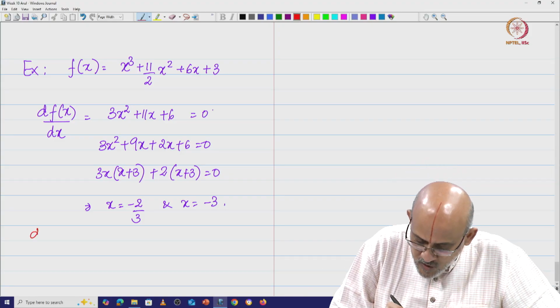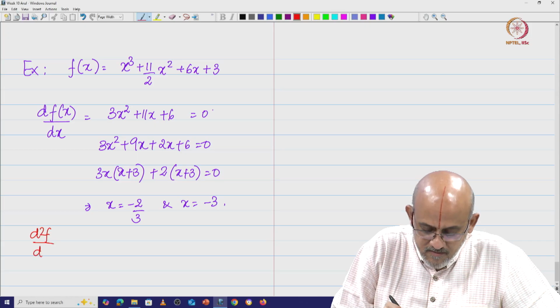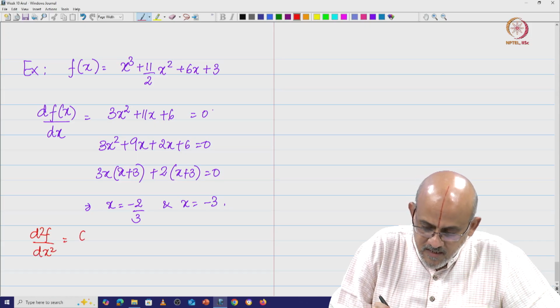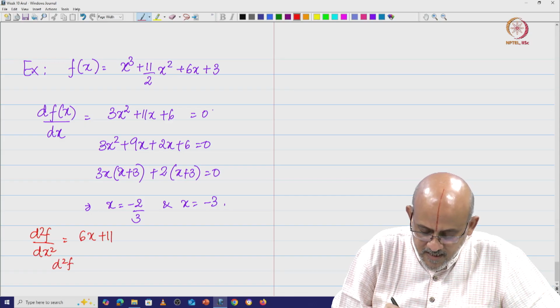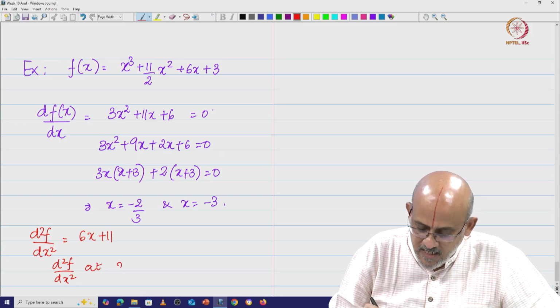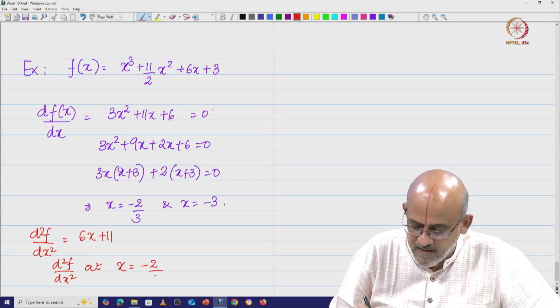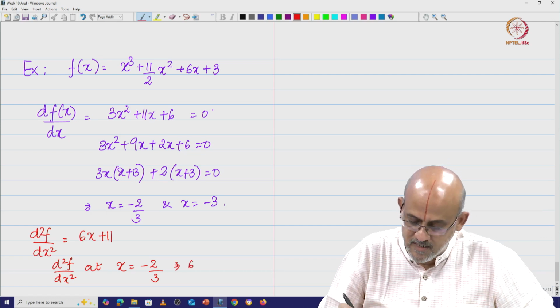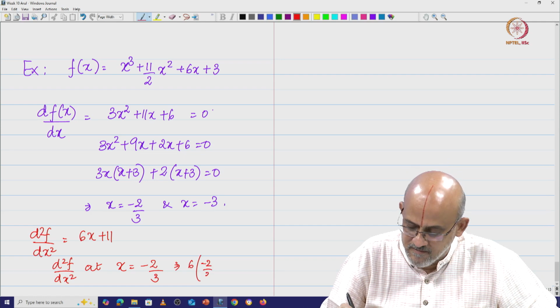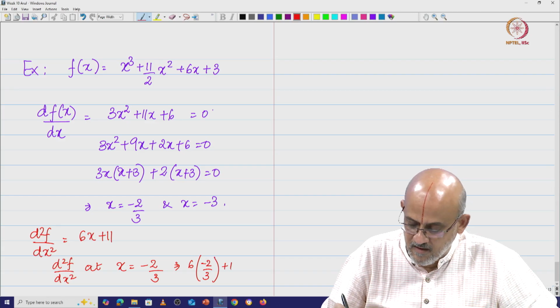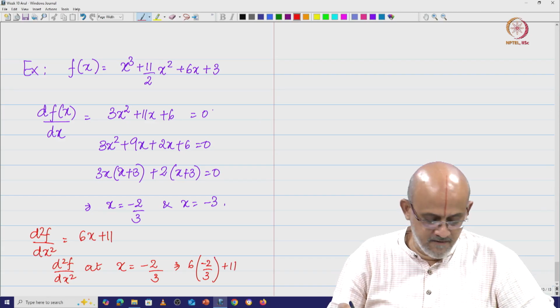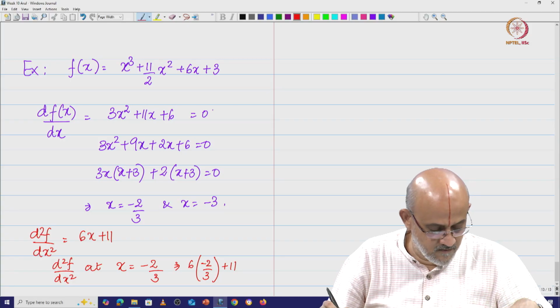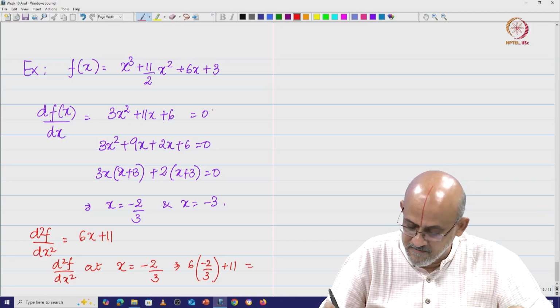So I am going to do d squared f by dx squared, which is nothing but 6x plus 11, and I am going to look at d squared f by dx squared at x is equal to minus 2 by 3, which is 6 into minus 2 by 3 plus 11, which is basically 11 minus 4, which is 7.